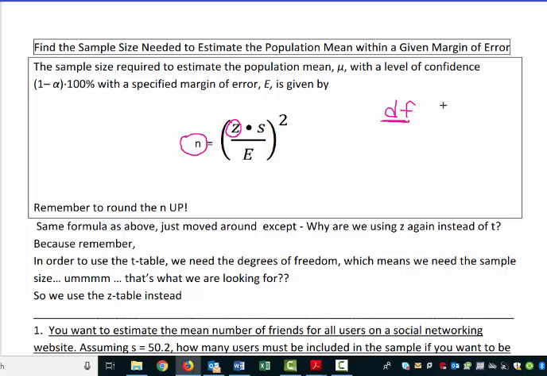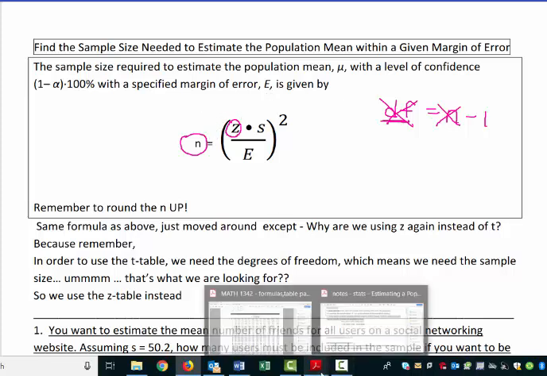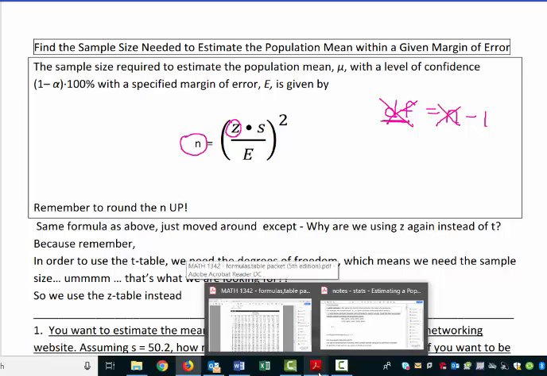And what does degrees of freedom mean? It means n minus 1, which, well, if we don't know our n, we don't know our degrees of freedom either. So we can't use the T. So we have to go back and use the Z, which is okay because it's in your formula chart.